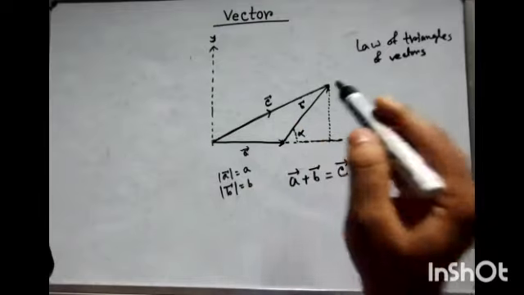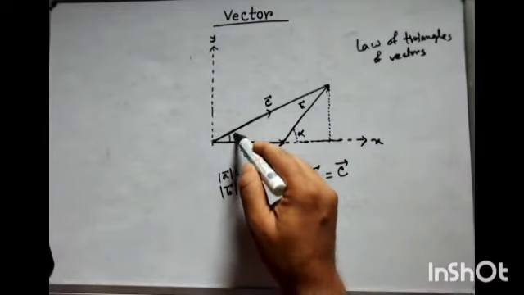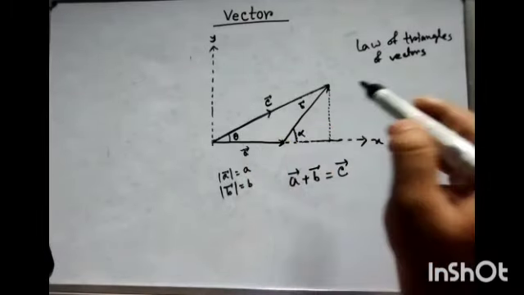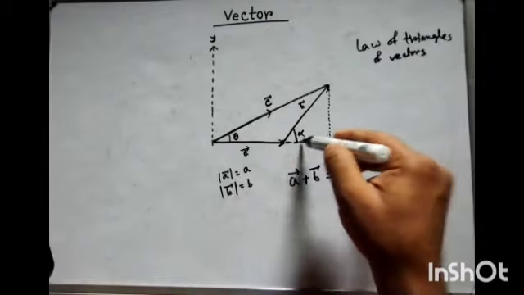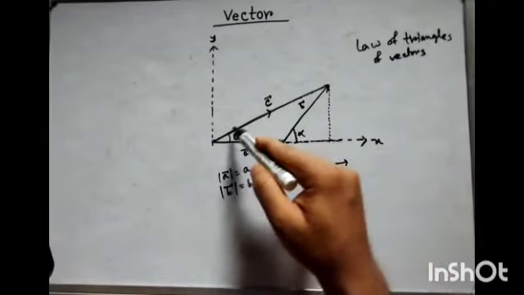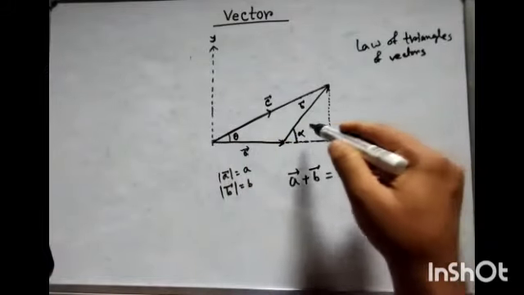Okay, so now say this angle is theta, so we have to find the value of theta, and we know the value of alpha. Alpha is given. When we are adding these two vectors, we know alpha, but we don't know theta. We have to find theta.